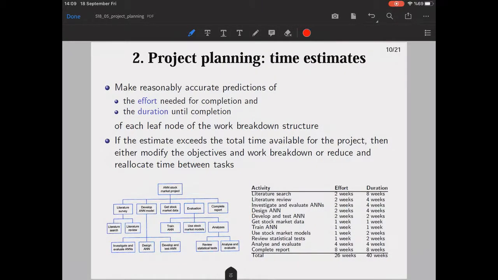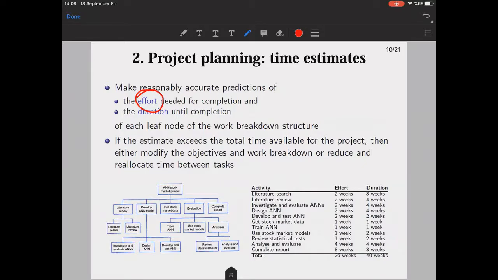Then you go ahead with the time estimates. You make reasonably accurate predictions of the effort needed for completion of a task and the duration until the completion. Here you usually write work hours, the effort. Suppose that you work 5 days a week and let's say 6 hours per day net.